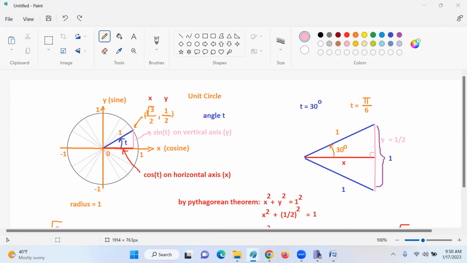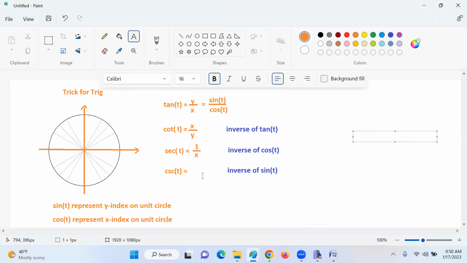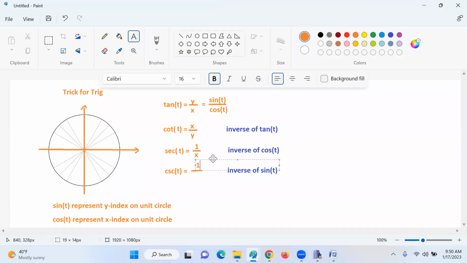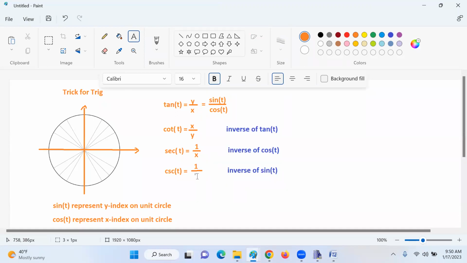And then I'm definitely going to show you how we're going to compute all of this on a calculator. So let's say the cosecant equals 1/y. But we're not going to talk about that actually. Cosecant is not so important. So for all of these, we just need to understand that tan will be y over x, or sine over cosine. I feel like understanding this one is better because it's going to be on the final exam.